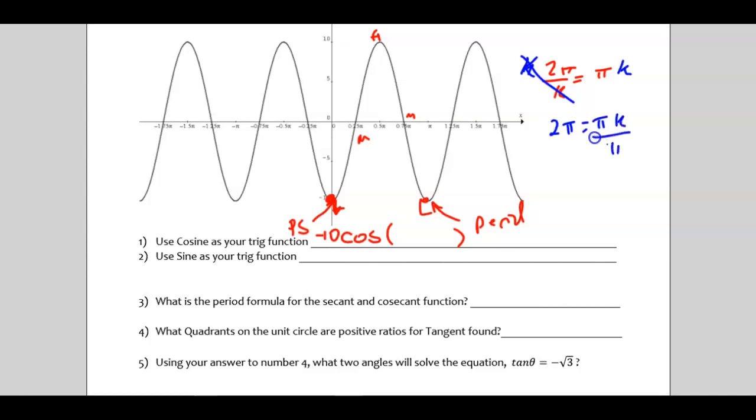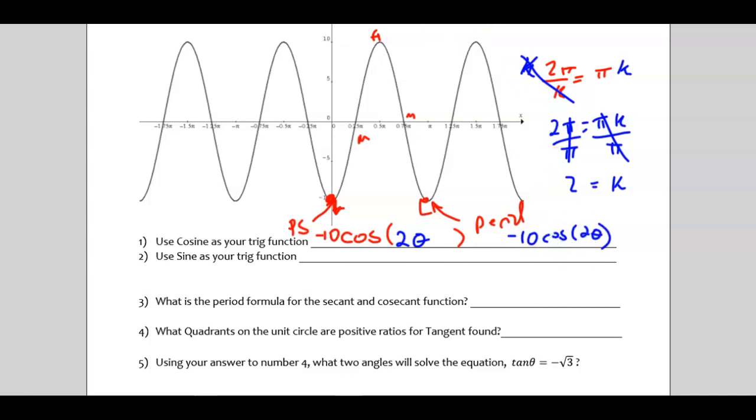Now I'm going to divide by pi on both sides, and I get k equals 2. So 2 theta. Now notice the phase shift is 0, so I don't have a c right here. So there's our equation: negative 10 cosine of 2 theta. Or you could put 2x, it doesn't matter.